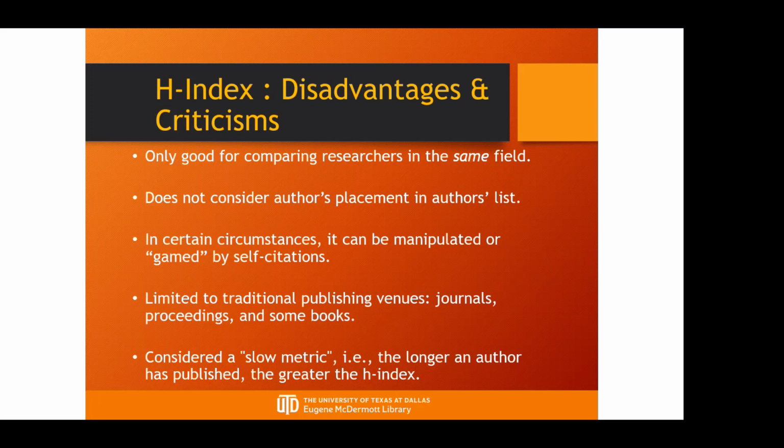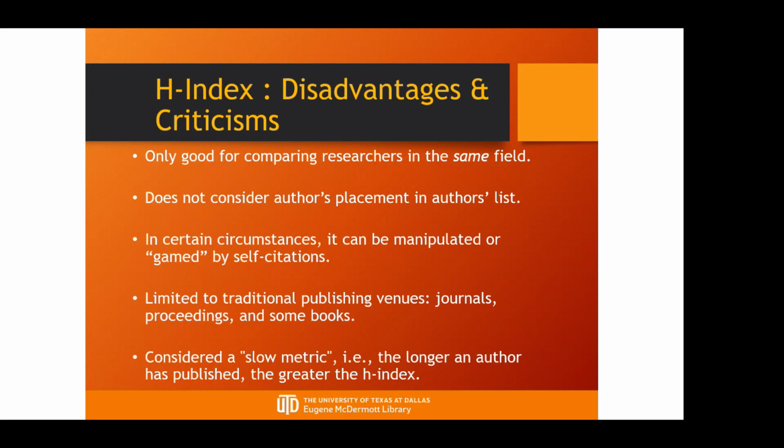So the H index only works for comparing other authors or scientists within the same field. A big part of that is because citation conventions differ widely across different fields. For example, an H index of 25 in biomedical engineering is not comparable to an H index of 25 in computer science. This even extends to fields within the same discipline.